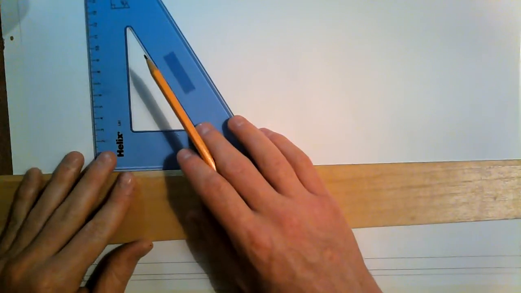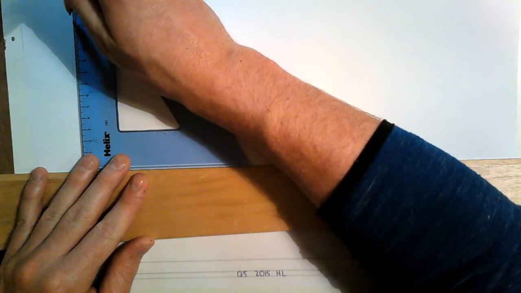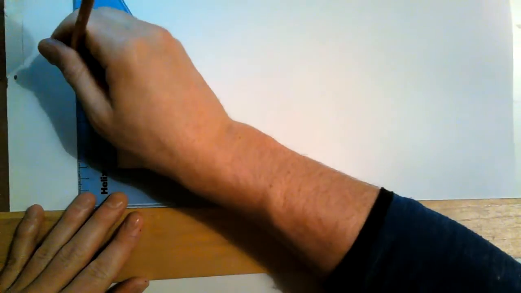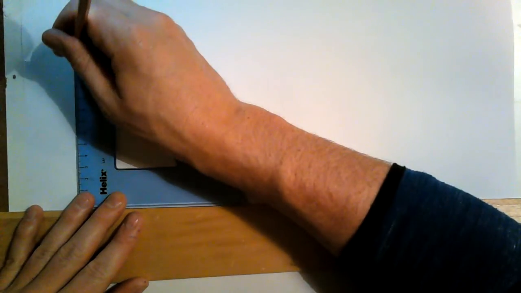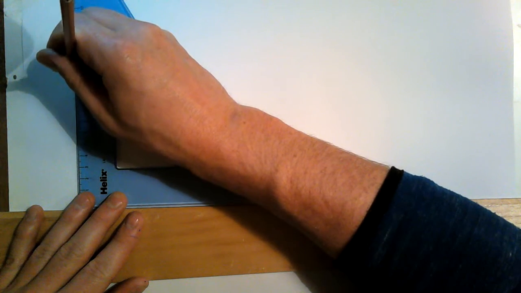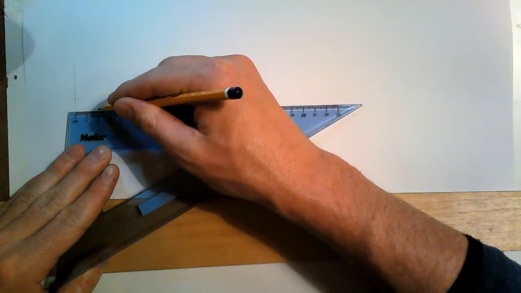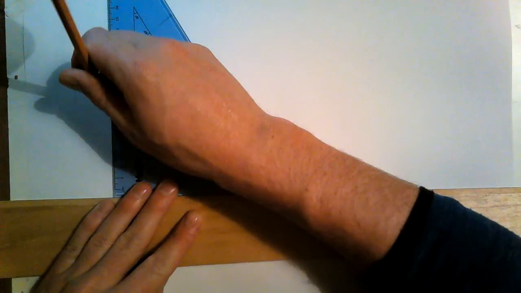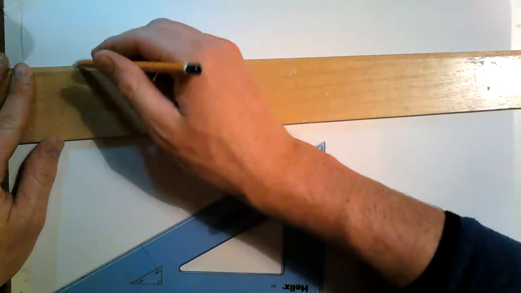I'm going to do a grid 40 high, 30, and mark off my 10s as I go down. And then up, across.